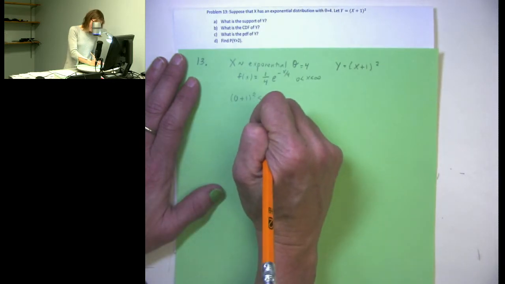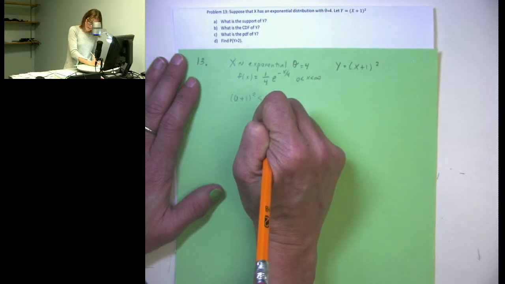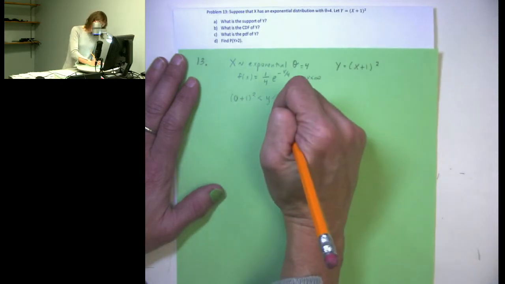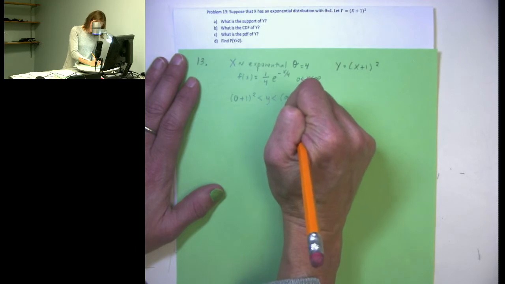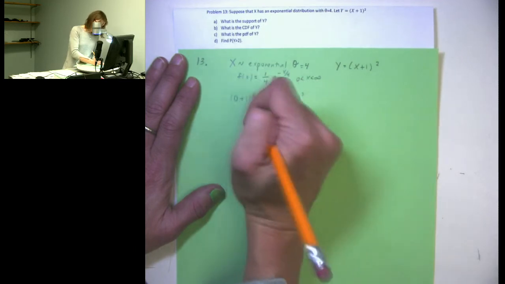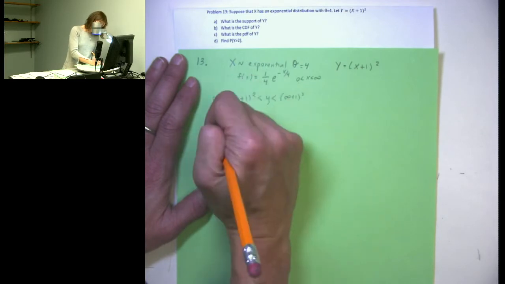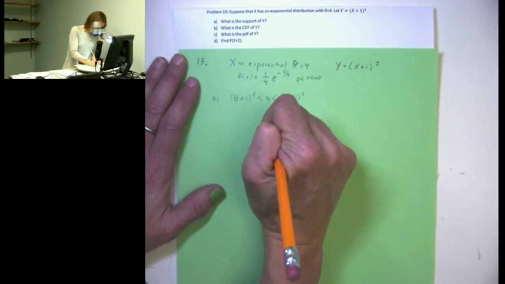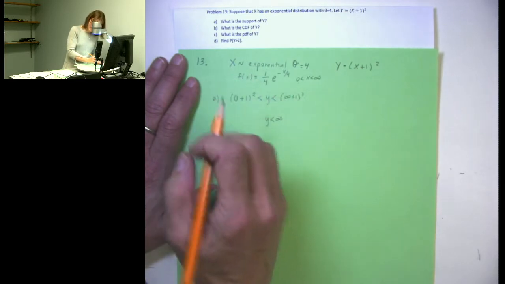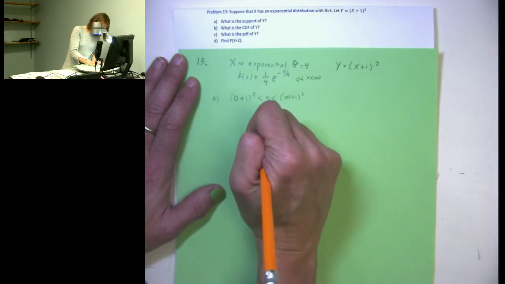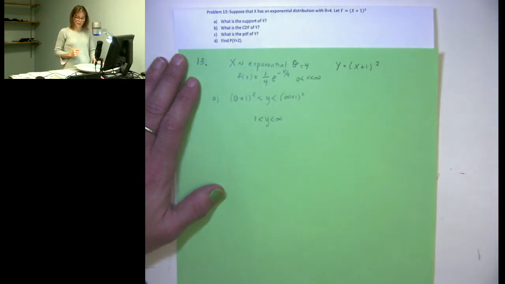It's going to be less than (infinity plus 1) squared. So when we're thinking about our support of y, y is going to take values that are less than infinity and are greater than 1. So there's our support.